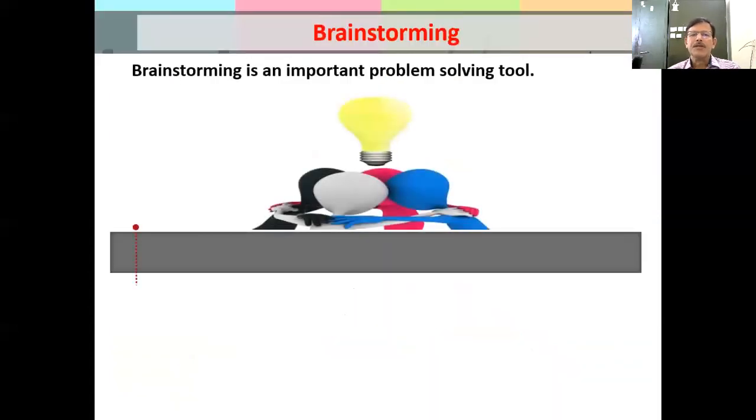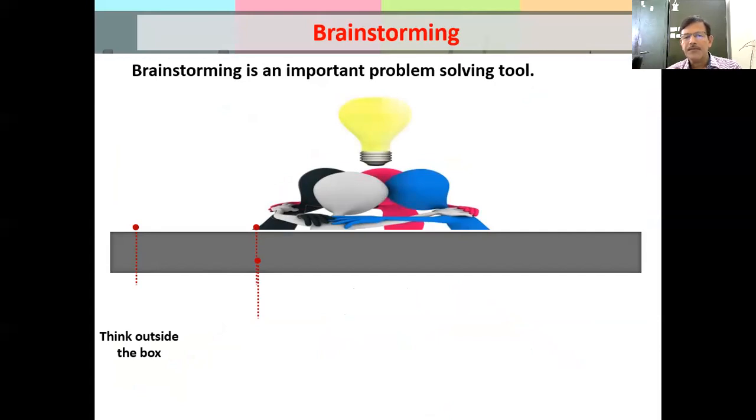Brainstorming is an important problem solving tool which involves different steps. As for the meaning, you are storming your brain to give ideas.